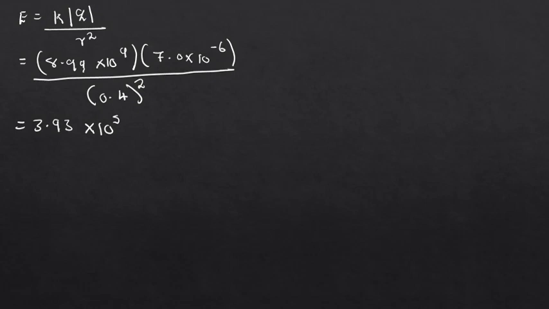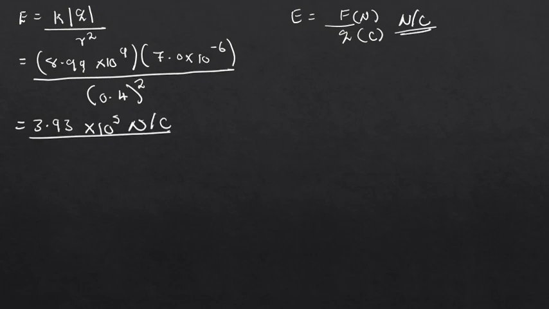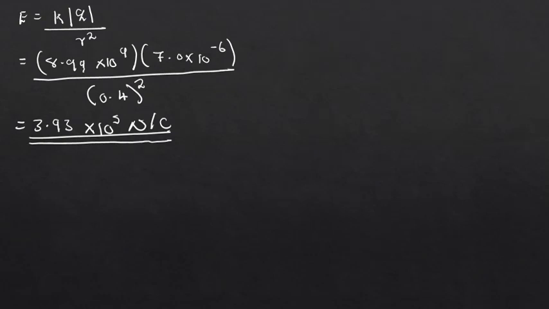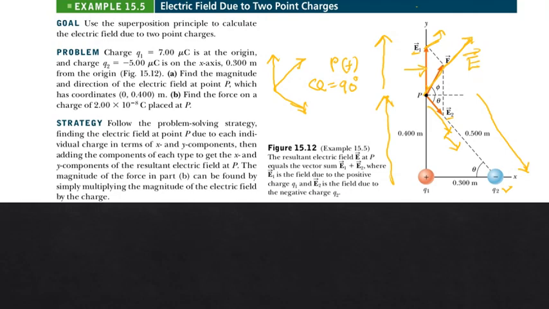Now remember that these are electric fields, and the electric field is equal to the force over the charge. Force is newtons, charge is coulomb, so this is newtons per coulomb. Now this is the total sum vector that we have. Having calculated that, we can now calculate the individual vectors.